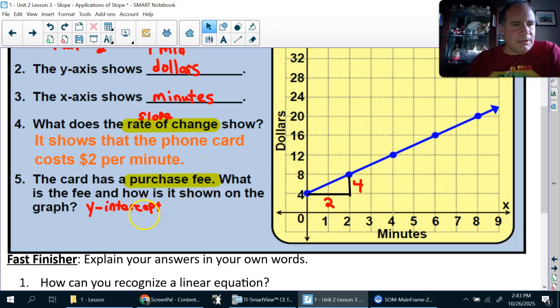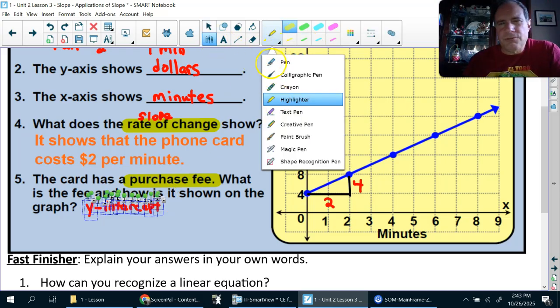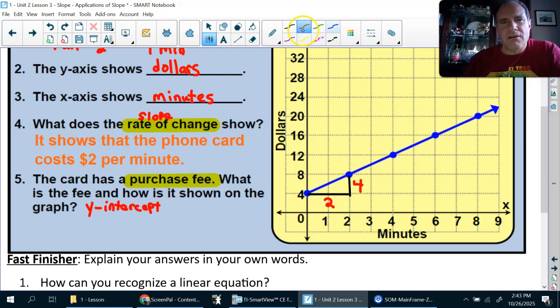And so that right there is shown on the graph. So can you see the purchase fee on that graph? And it's right here. That is the purchase fee. The y-intercept is the initial fee. It's the purchase fee.